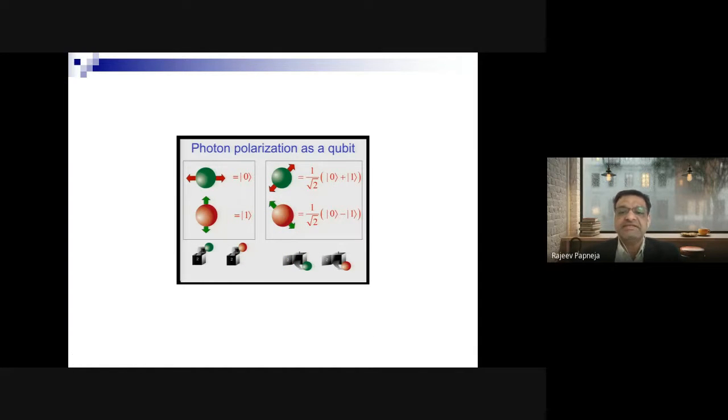So let's take an example of a single photon or particle of light, and it has an electrical field. We could imagine that the electrical field is oriented either horizontally or vertically, as shown in the diagram on the left part, corresponding to the two colored boxes that we were seeing, red and green.